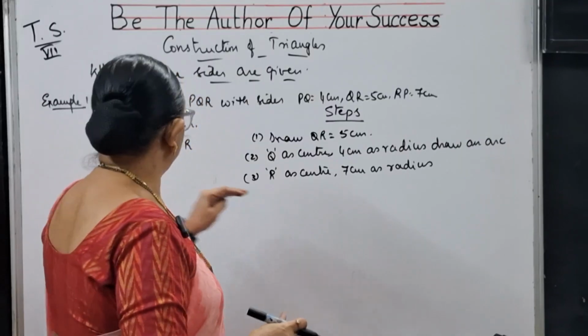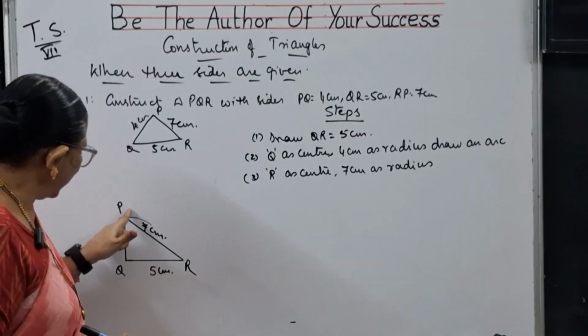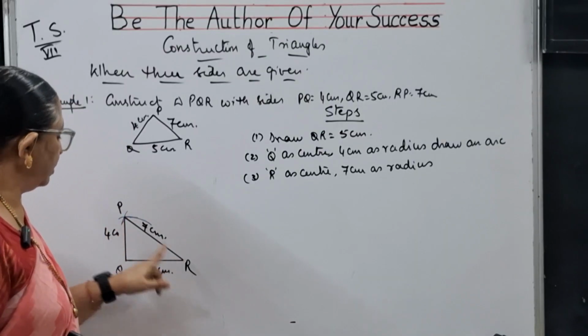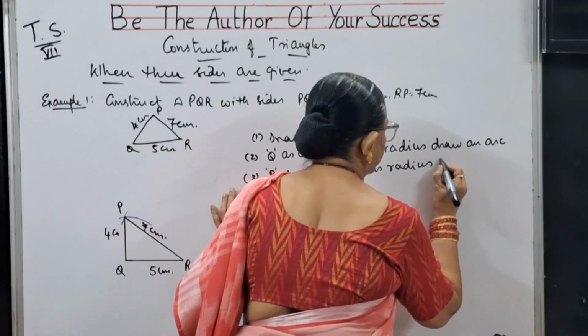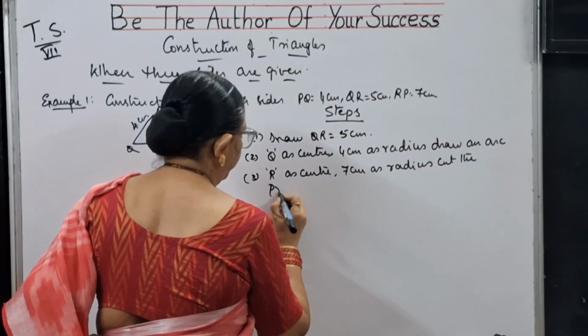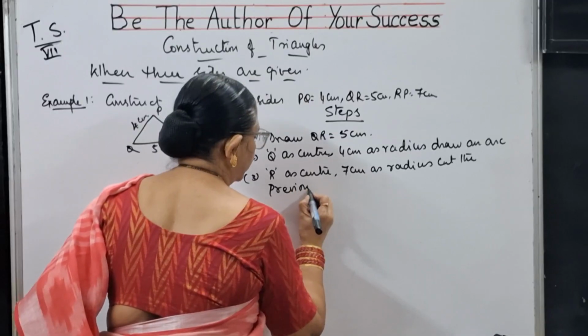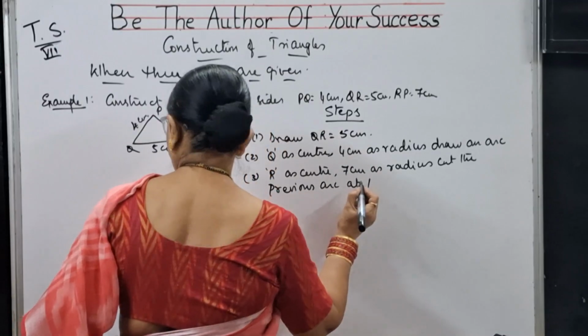So first arc is this. This is the first arc. And you are cutting this arc by taking 7 centimeters. So you will write 7 centimeters as radius. Cut the previous arc. Cut the previous arc at P.